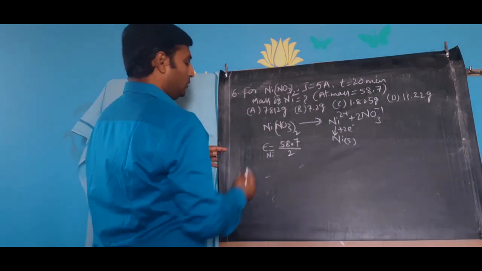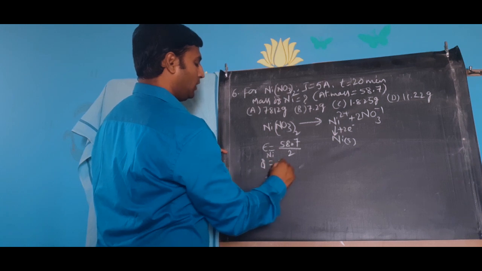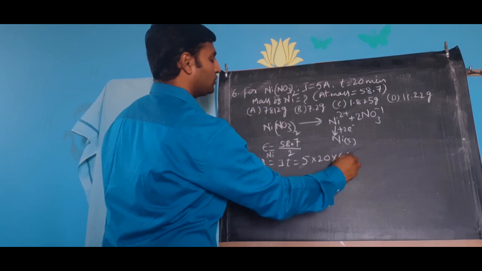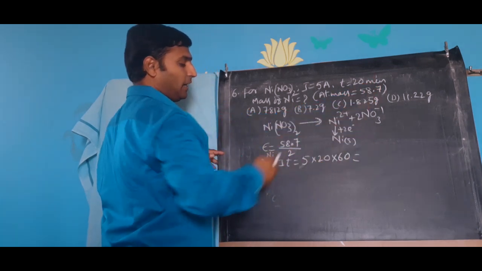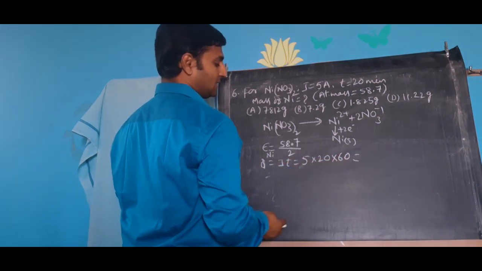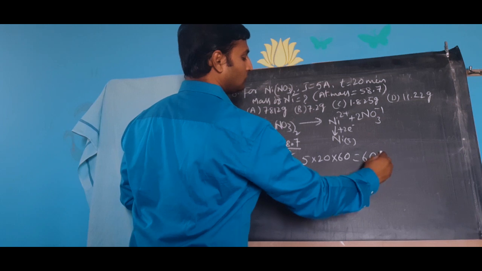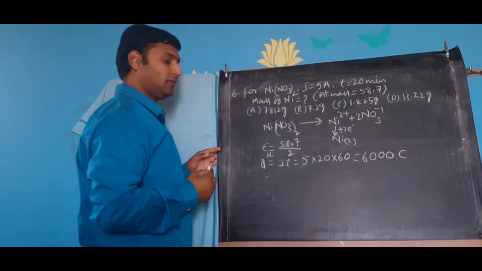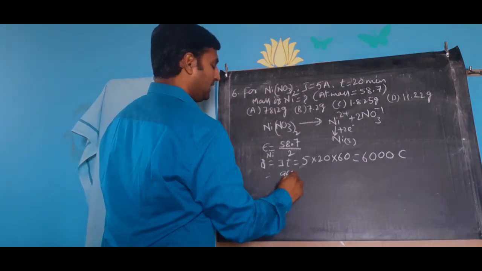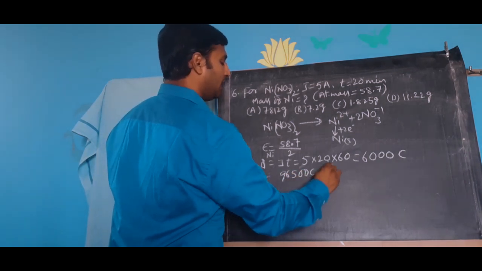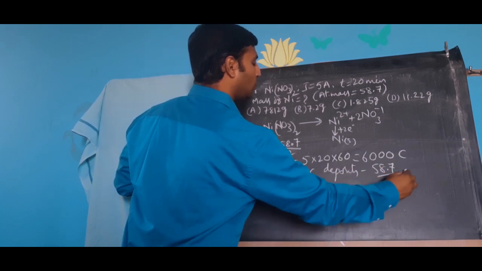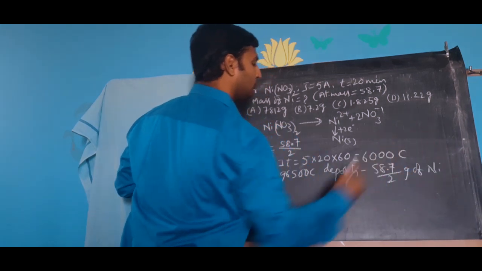Now, Q is equal to I T, that is 5 amperes into 20 into 60, because time is given in minutes, so I have multiplied by 60. You can clearly see 25 is 100, 100 into 6, so 6,000 coulombs are given to you. Now, 96,500 coulombs deposits 58.7 by 2 grams of nickel.